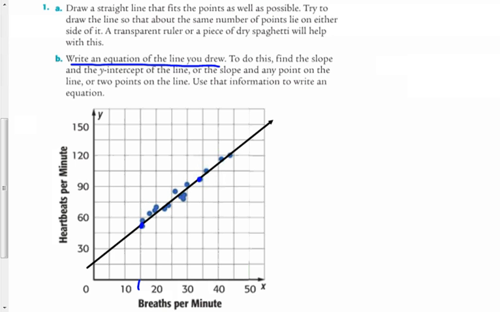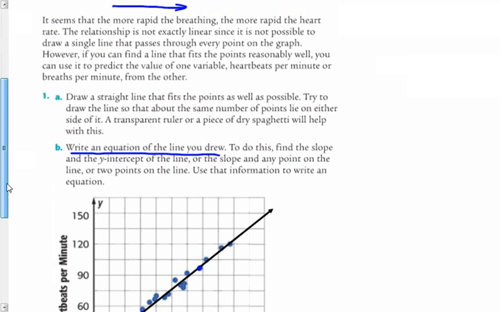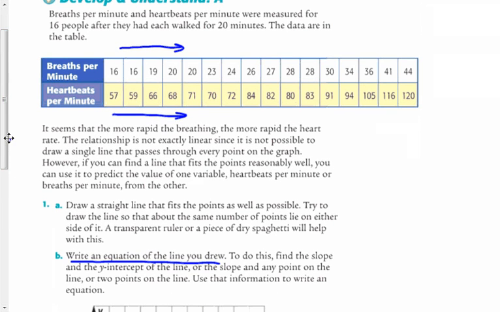So this point here is at 15 for the breaths per minute, and this one here is at about 34 breaths per minute. So 15, actually it was 16, and it was the lower one of those two, so that one's that one. And the 34 is this one. So I'm going to use those points to come up with my slope. These are going to be my y values, these are going to be my x values.